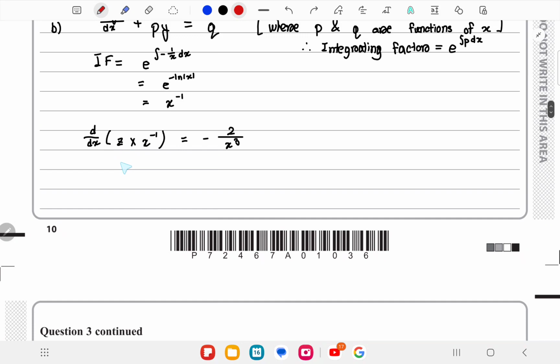And now we can take z into x to the power minus 1 on this side and integrate the right side. We get z into x to the power minus 1 equal to 1 by x square plus c. And then we can just move this x to the power minus 1 to the right, and we just get 1 by x plus cx.